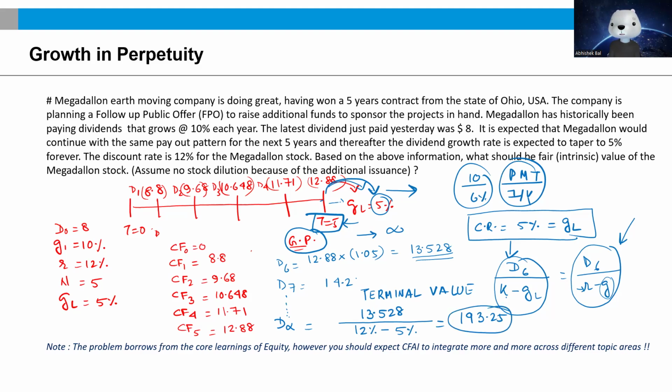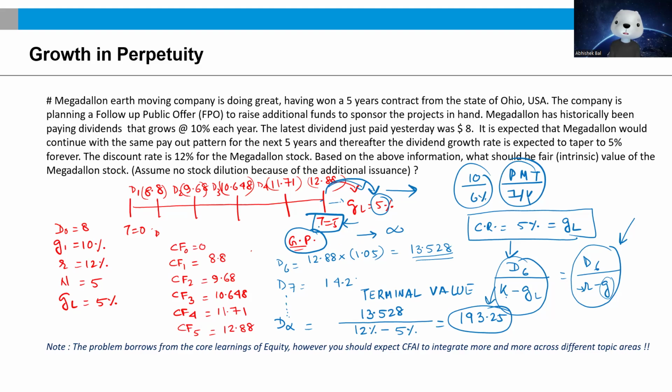What it simply means is that we are talking about an investment that pays interim cash flows or interim dividends, and those interim dividends grow at the rate of 5% indefinitely in the future, for infinity. What is the price that you would be willing to pay for this kind of investment? And the answer to that is 193.25.